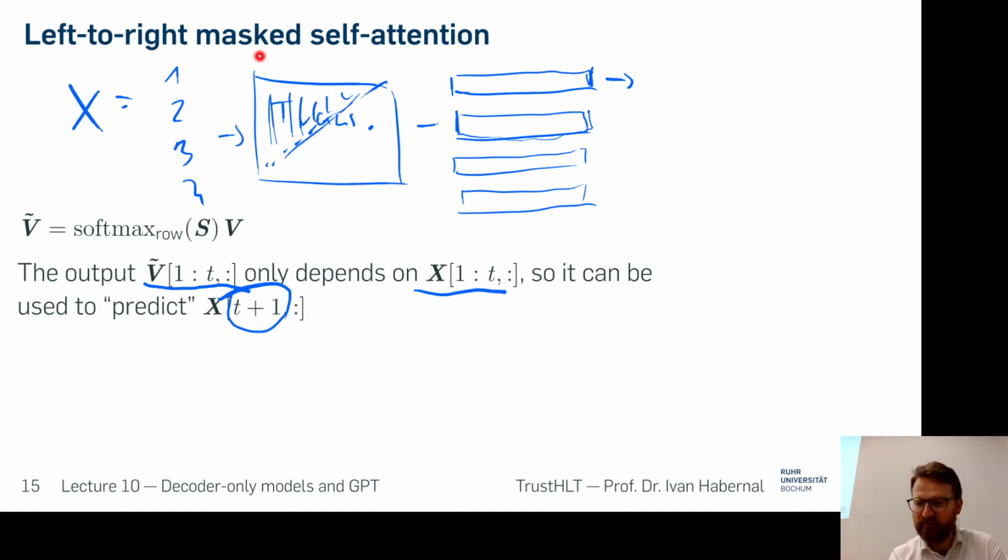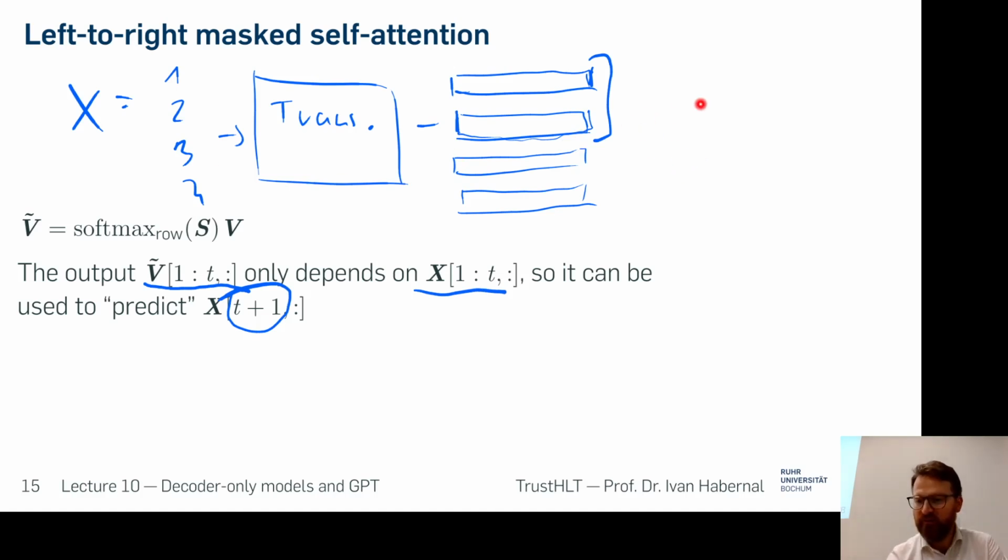The only information it gets is just from the history, which is just the first token. So we can use this token to predict the next token. Okay, good. If we're at position 2, we can use the whole context, and it never saw the future, so we can use it to predict the next token.